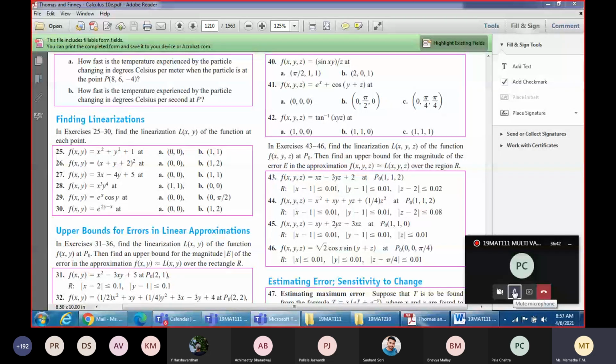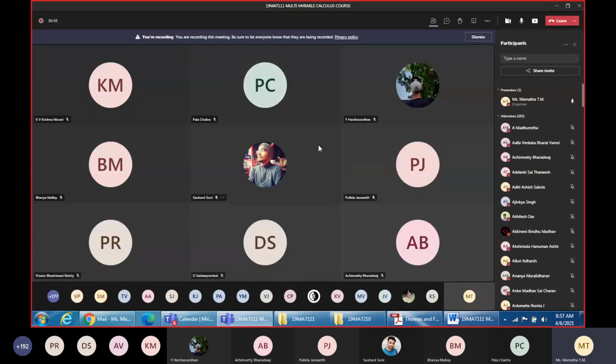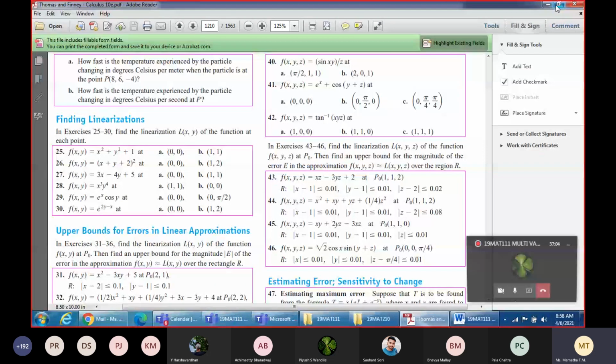Okay. Next, anybody who has solved problem number 27 can raise the hand. I'll give an opportunity. Can you all raise the hand? Only Piyush? Yes, go ahead, Piyush. 5 minus x. For problem number 27, you are saying it is 5 minus x.